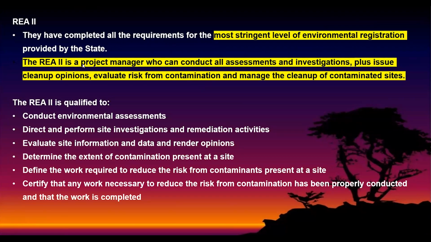They said that I am a project manager who can conduct all assessments and investigations, plus issue cleanup opinions. That is very important, because when we do projects under the regulatory agencies, they rely on our opinions. We have a fiduciary duty. We are their representatives in the field.